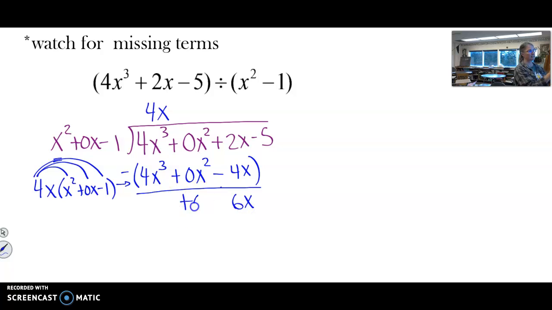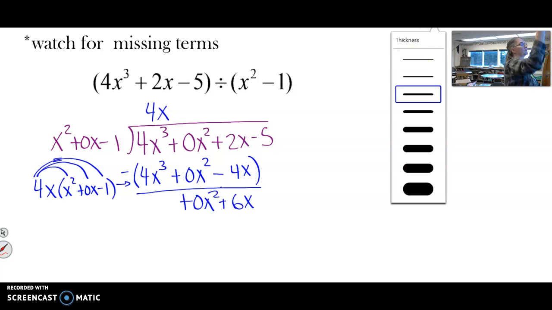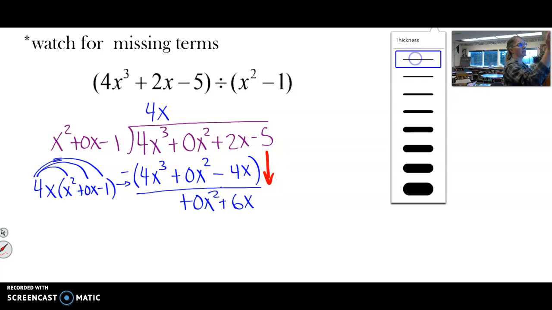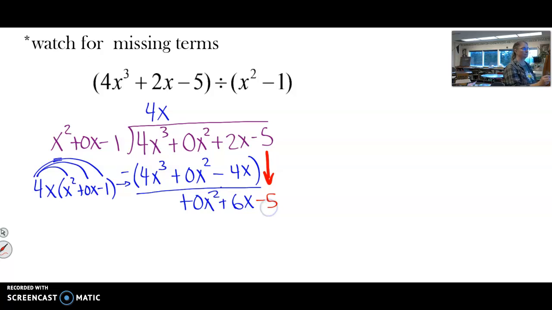And then this is 0x squared, and the lead term is 0x cubed as well, so we don't really need to write either of those with the zeros in front. The next thing you do is drop down that negative 5. So really I have 6x minus 5, because I don't need to write the 0.